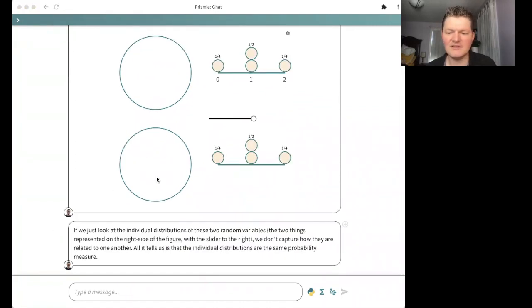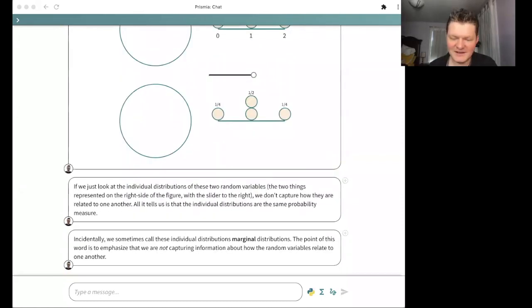So that's telling us that the individual distributions of the two random variables are not enough to capture the relationship between the random variables. All it tells us is that the individual distributions are the same probability measure. And this idea of the distributions of each random variable considered in isolation of the other random variable is an important idea, and we often want to draw this distinction.